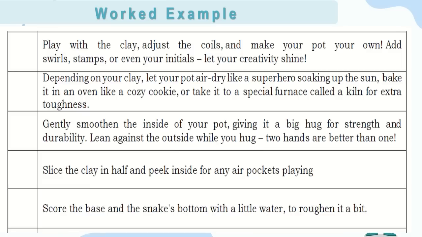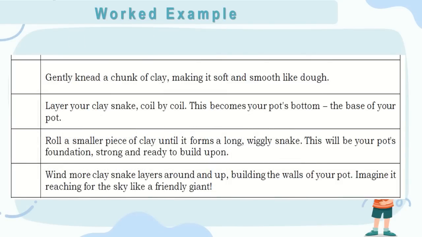Slice the clay in half and peek inside for any air pockets. Score the base and the snake's bottom with a little water to roughen it a bit. Gently knead a chunk of clay, making it soft and smooth like dough. Layer your clay snake coil by coil. This becomes your pot's bottom, the base of your pot.